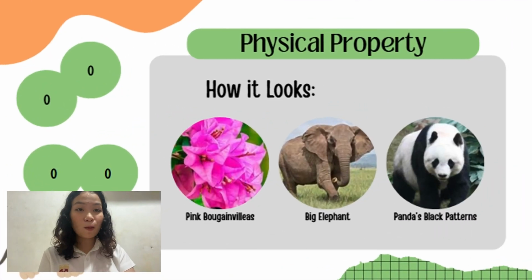For the physical properties that can be found in the park/the zoo, the first thing is how something looks. For my examples, the first one is the bougainvillea flowers are color pink. The second one is the elephant is a big animal. And the last one is the panda has black spots all over it.